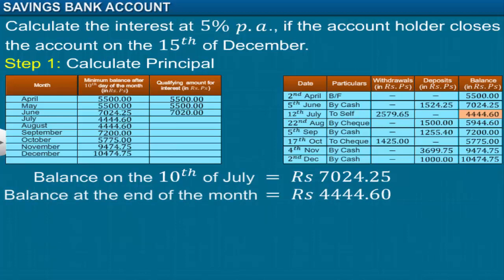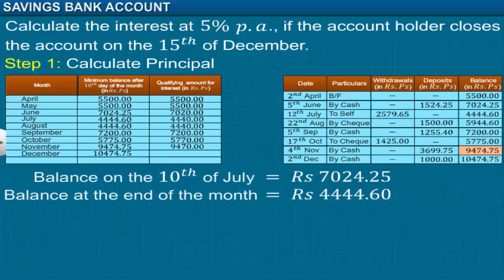The minimum of these two is 4,444 rupees and 60 paisa. Rounding off to the nearest 10, we get 4,440 rupees. This way, we can calculate the minimum balance for every month.